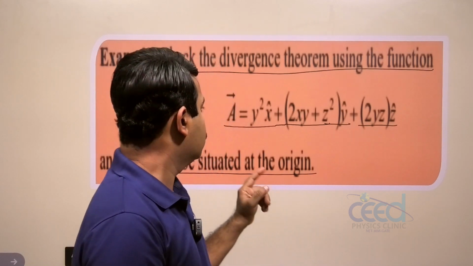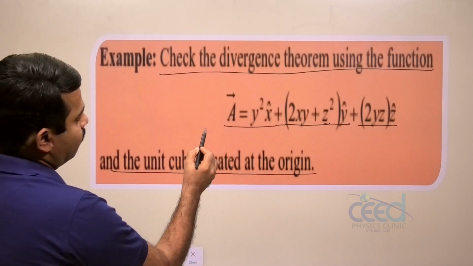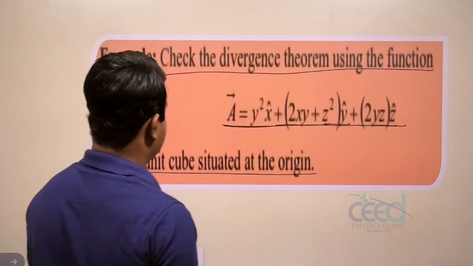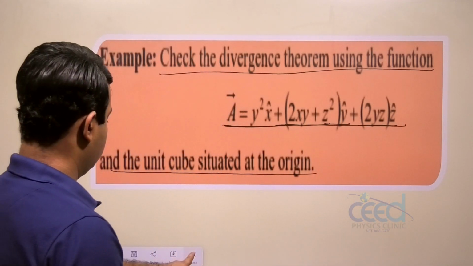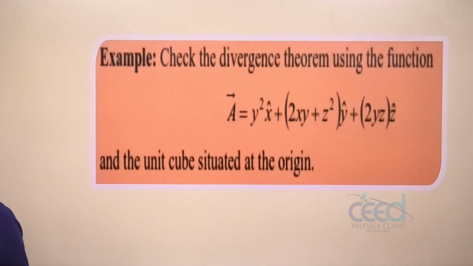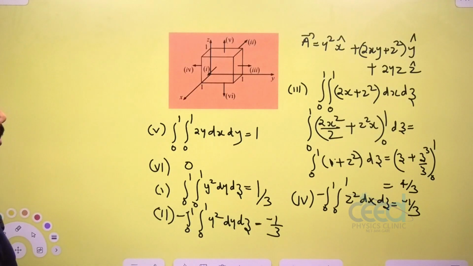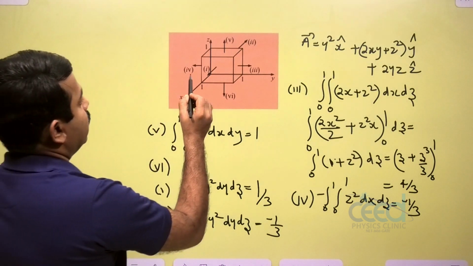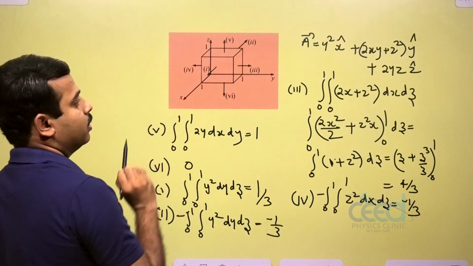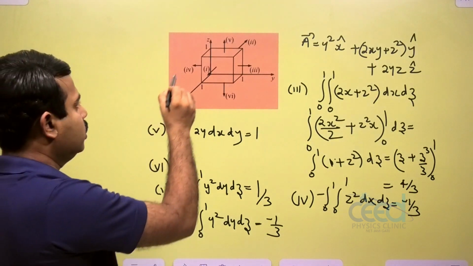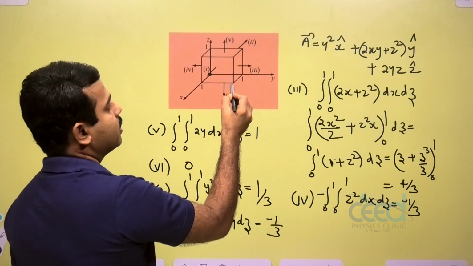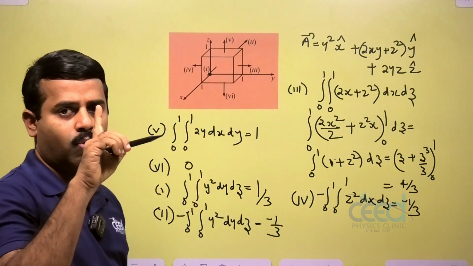All right, so let me write this vector field first. Look here, I considered a cube that is situated at the origin and the side length of this cube is 1.